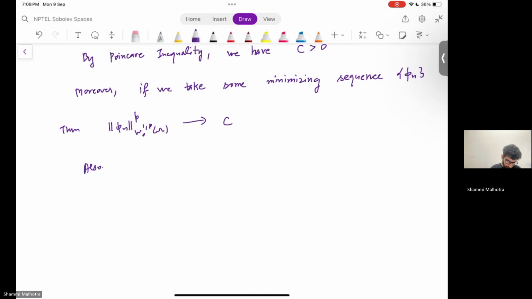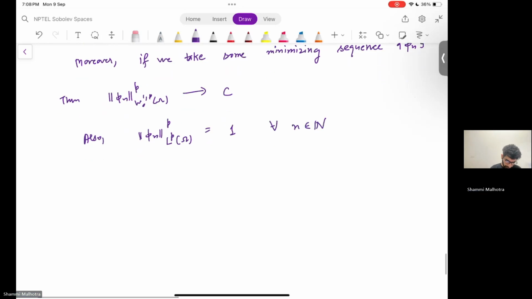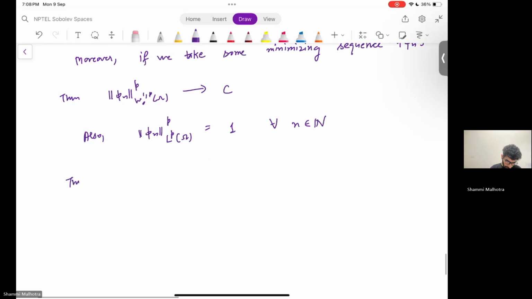Also, the phi n has LP norm on omega equal to 1 for all n in N. So what do we have here?